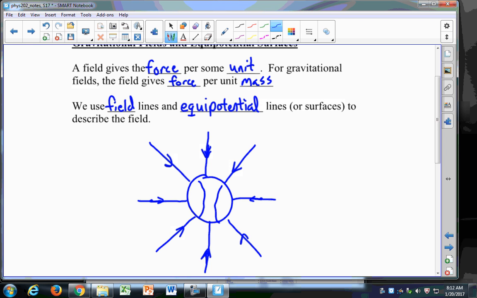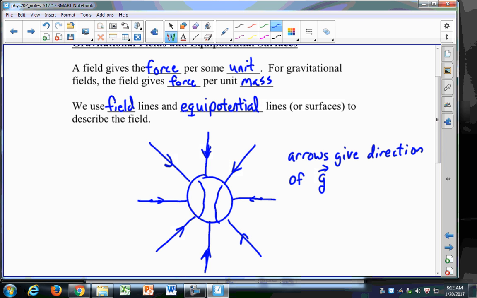Now, the direction of the arrows give the direction of g. And g, which we've called our acceleration due to gravity, now we're going to call it our field, because that's really what it is.